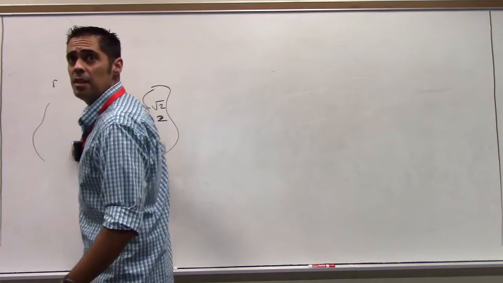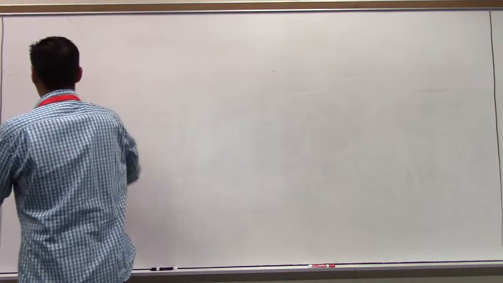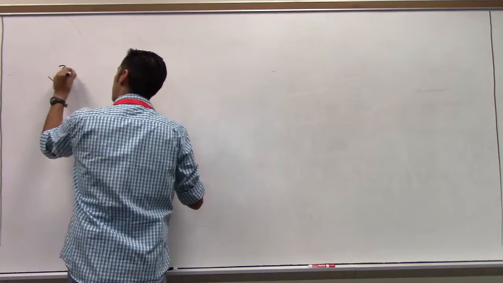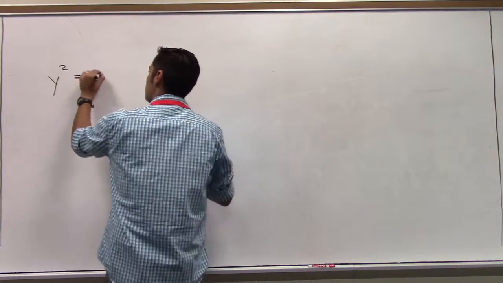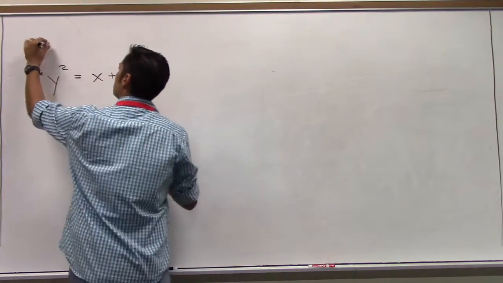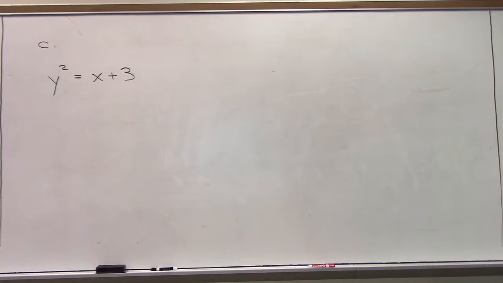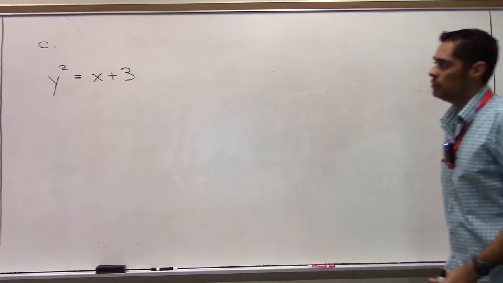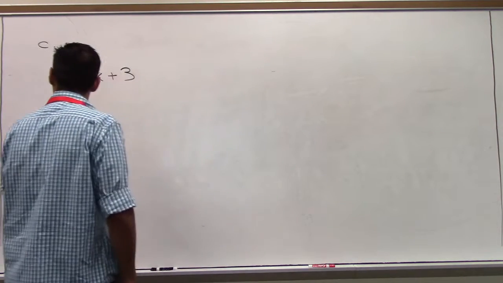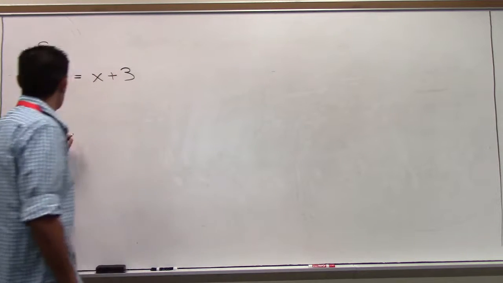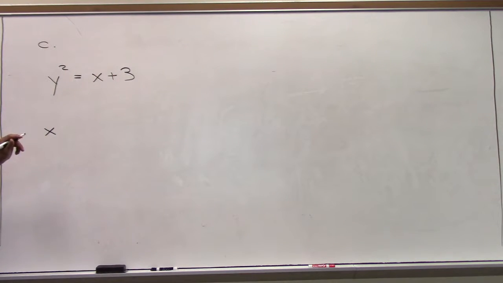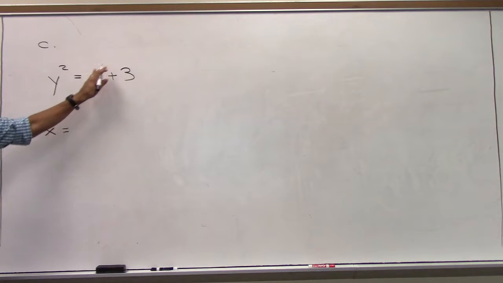How about C? Y squared equals x plus 3. This is part C. If I give you an x value, will you give me one y value? No? Give me an example. Regardless, you have to introduce the square root. Okay, good. Let's go with something cleaner, make this a perfect square.